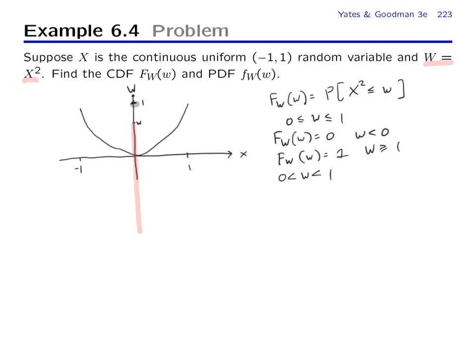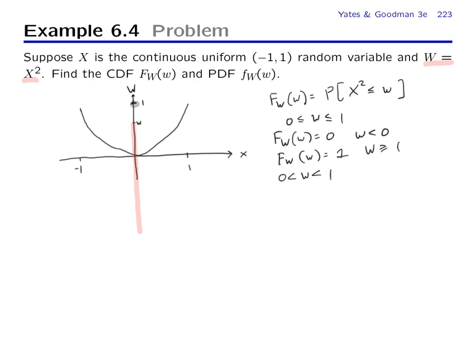So the way to think of this problem is that we do an experiment and we generate an X between -1 and 1, and then that X is translated into a W, which happens to be X squared.